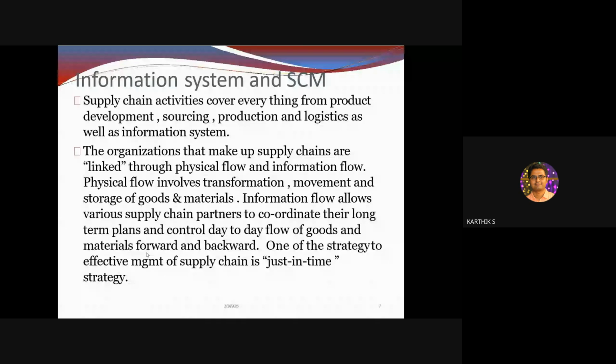Like a simplified courier service, or if you order something on Amazon, you click on the delivery and you'll be able to see at what stage the product is and when it will be delivered.